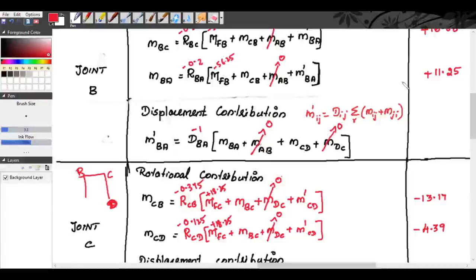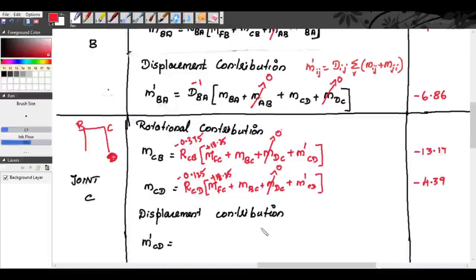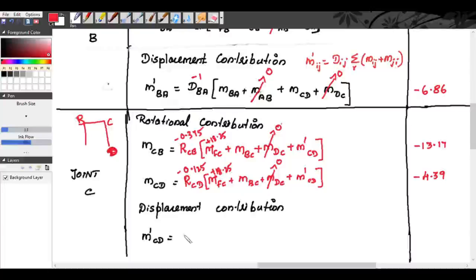So, MBA is plus 11.25. MCD is minus 4.39. So, substitute, we get M dash BA is equal to minus 6.86.